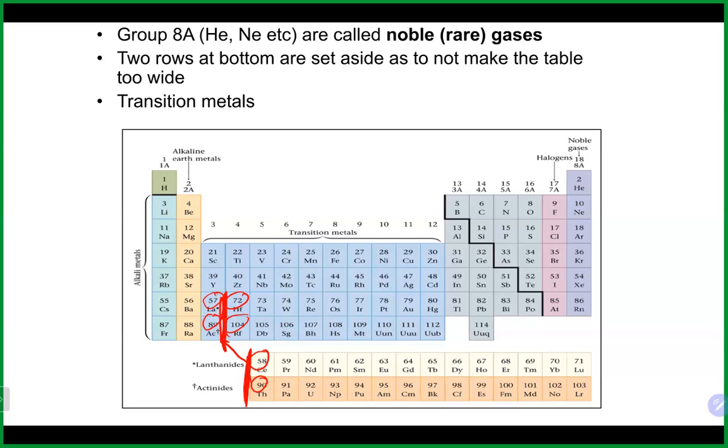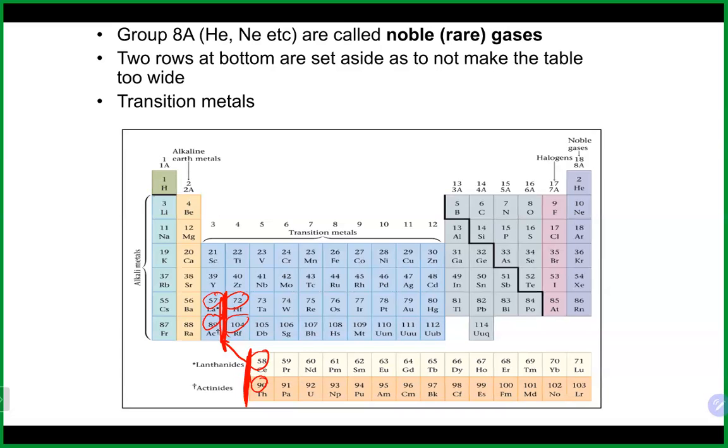But it's also where a lot of man-made elements come into play, like einsteinium, californium, and all those types of ones that have the nice names are down here. So we won't deal too much with that. Probably the only element you really should worry about in terms of naming is uranium. That does pop up the most, which is the U, probably not too much of the other ones on those 2 rows.